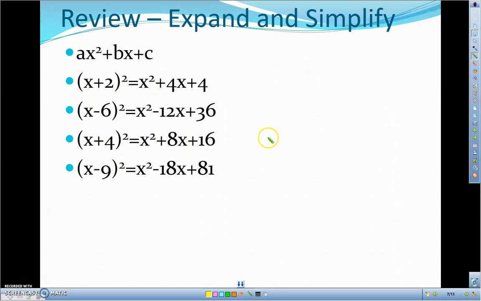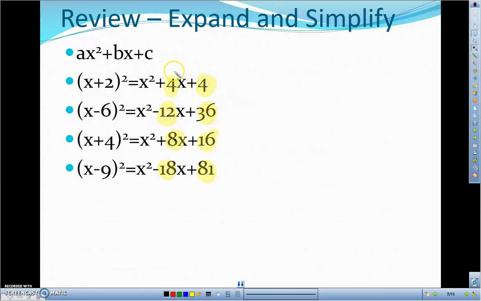So just to review, these were some expansions of perfect squares, and what I'd like for you to look at in particular is these numbers here. Is there a way that you could go backwards? How do you go from x plus 2 squared to get to these things?